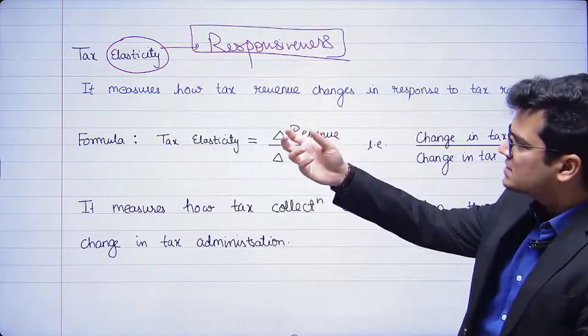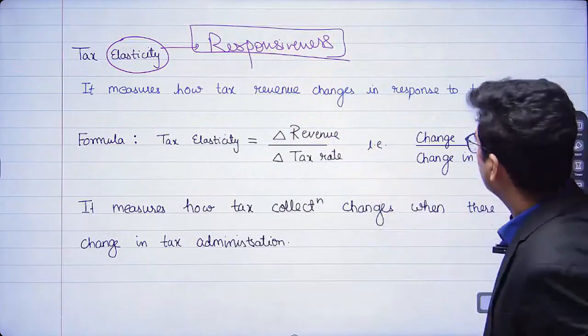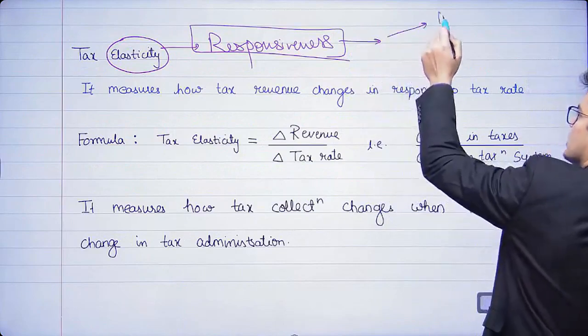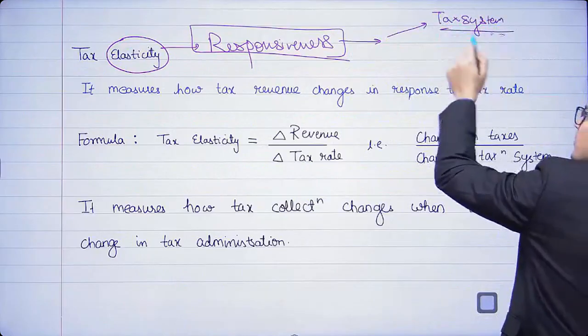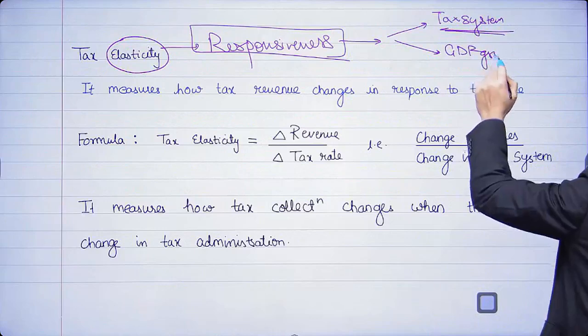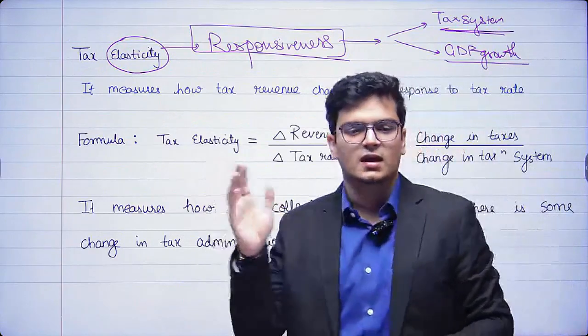How does tax collection respond? And responsiveness to what? Responsiveness to either change in tax system. अगर हमने नया tax system लगा दिया, this could be one thing. I could check responsiveness to GDP growth. अगर इंडिया की GDP growth हो रही है तो टैक्स कैसे respond करेगा? All of this is checked in tax elasticity.